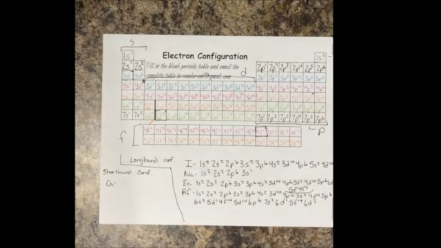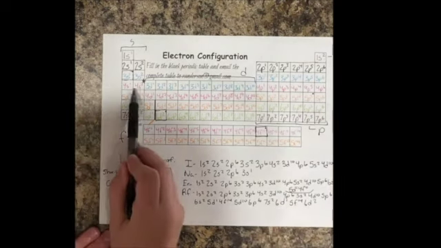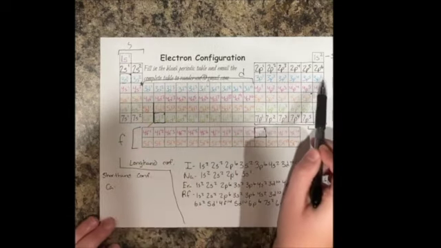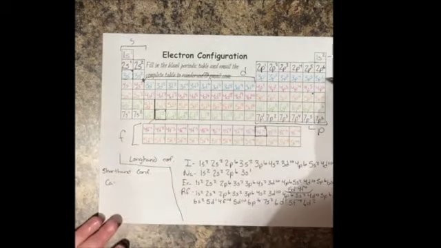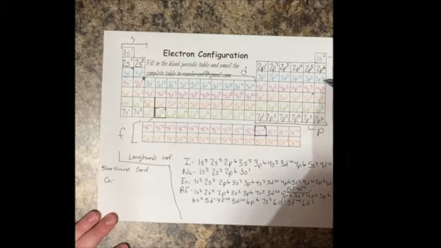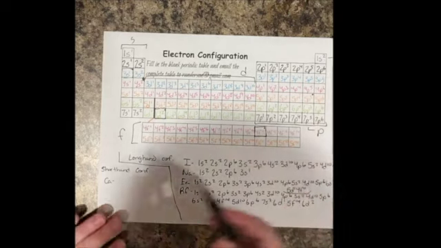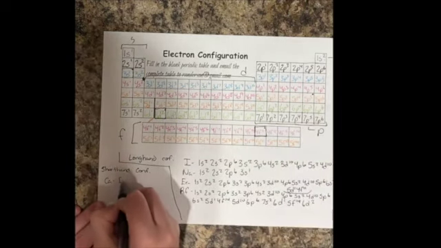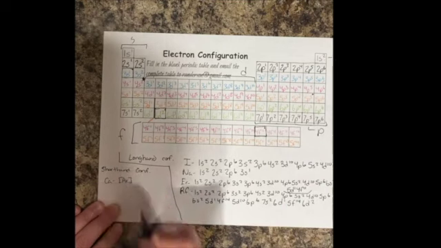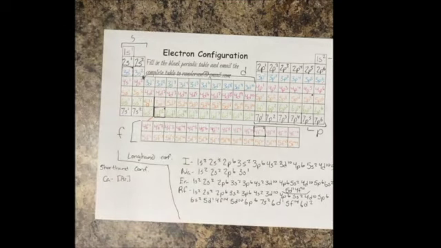All right, so I go backwards until I find the last noble gas. So this is the last noble gas that it passed. I look at a periodic table, 3p6 or whatever's in this box right here is Ar. So in brackets, I put Ar, or argon. It does need to be brackets.